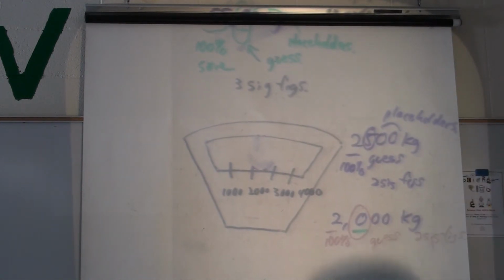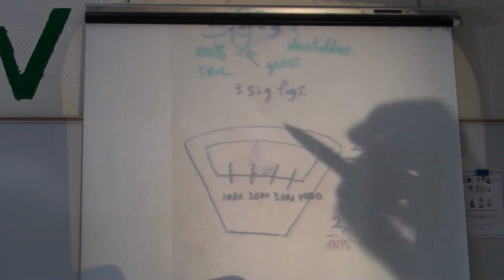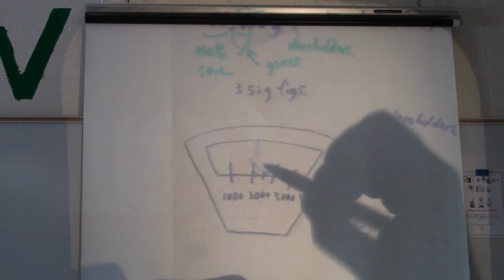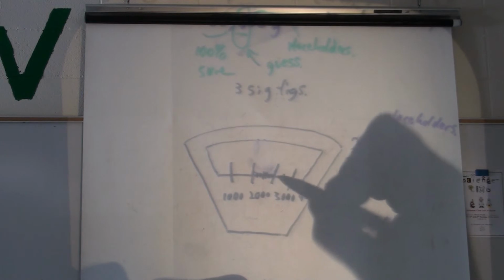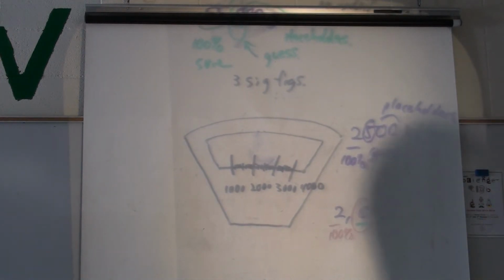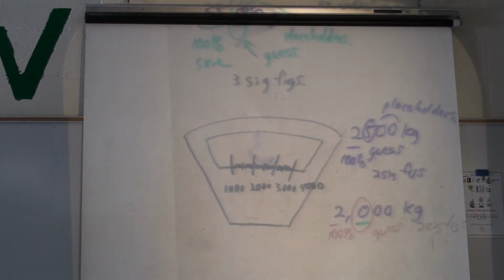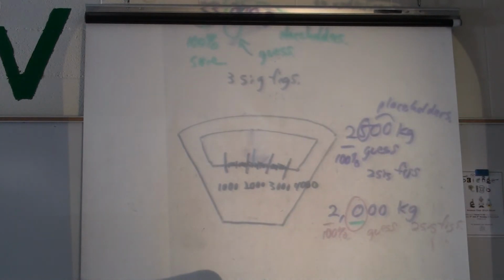Now what if my balance, instead of going up by 1,000, went up by hundreds, and my line was right there?